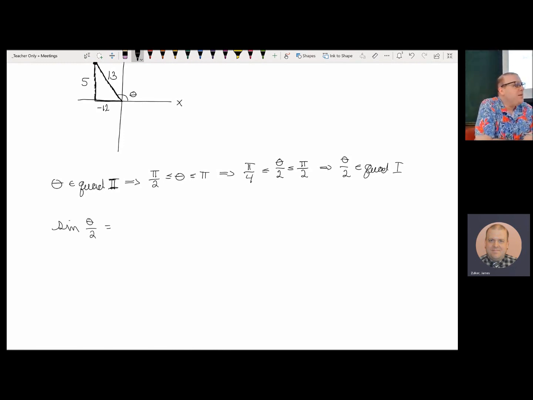Sine of theta over 2, in quadrant 1, sine is positive. So it'll be positive root of 1 minus cosine theta over 2.